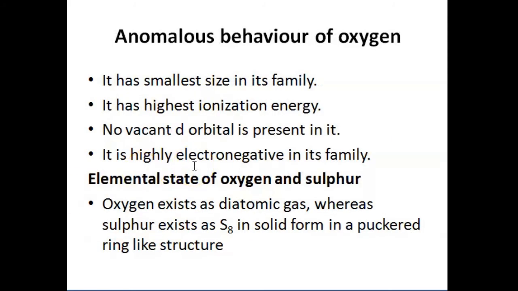Looking at the anomalous behavior of oxygen: it has the smallest size in its family, it has the highest ionization energy, it does not have any vacant d orbitals, and it is a highly electronegative element, second only to fluorine. In the elemental state, oxygen exists as a diatomic gas, whereas sulfur exists as S8 in solid form in a puckered ring-like structure.